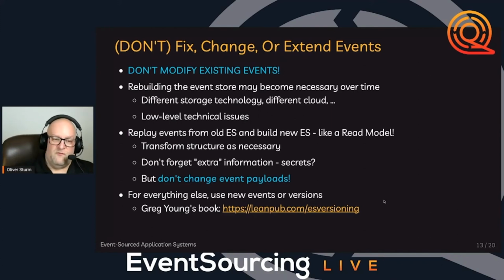Whereas if you need to do anything more to the event than that, that would make it difficult or even impossible to upcast in the same way, then you should rather consider creating a new event. But like I said, this is in itself a somewhat complicated topic, and I recommend having a look at this book if you're interested.